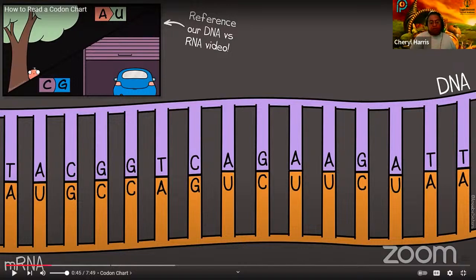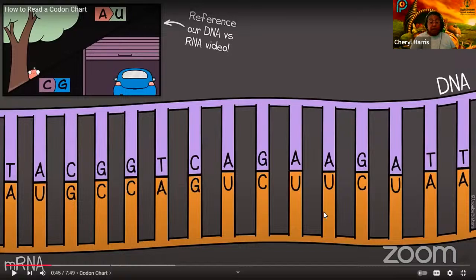But you also need a note to self: T always bonds with A and C always bonds with G. But in RNA, we don't have T's, we have U's instead. So every time I see an A on the DNA, if I am making RNA, I'm going to have a U. Notice on this orange one, there are no T's.